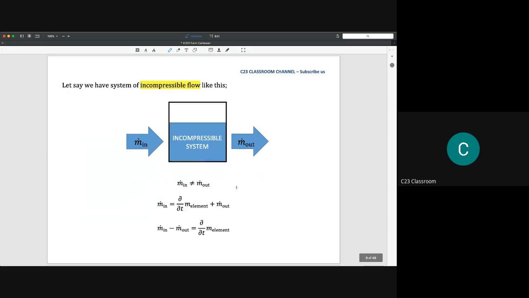Then, we sometimes have a system like this. For example, we are still dealing with the incompressible situation, an incompressible system. We have a tank here, and this tank is half full, and you give the mass flow rate inlet here, and you have a mass flow rate outlet here.